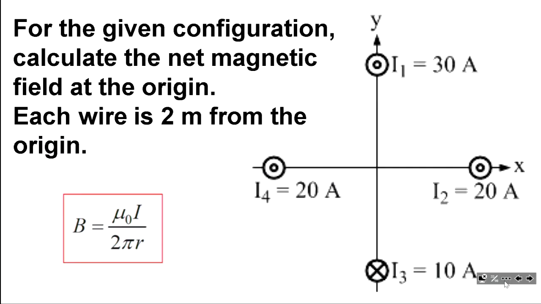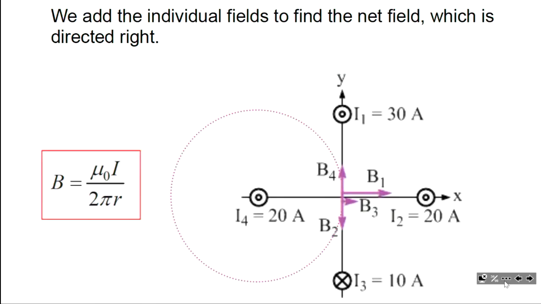Now, again, just for quick practice, same arrangement, but we can see that electric current now is different in different wires. So how does it affect the situation? Well, the direction is the same as before, which means the direction of each individual magnetic field is the same. 4, 2, 1, 3.